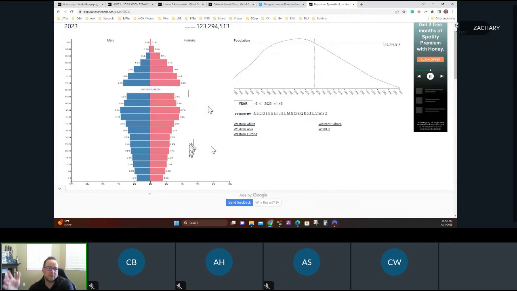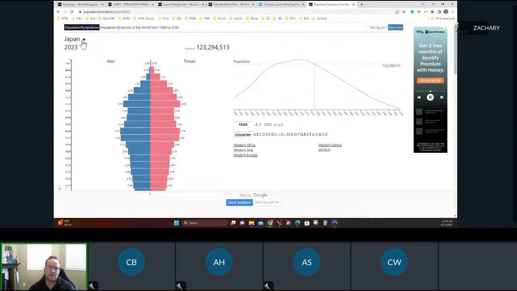Well, what happens when there's not enough people down here to support them? You've got to think of your economy, all that stuff. As you can see right here, their population is decreasing.